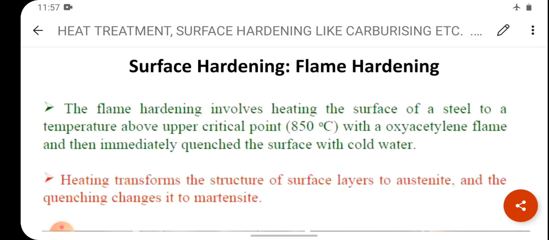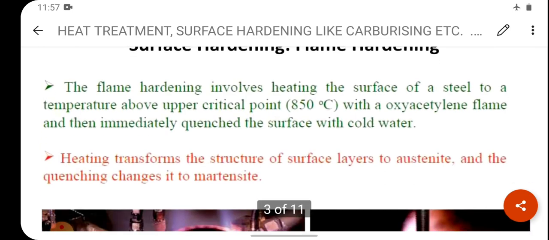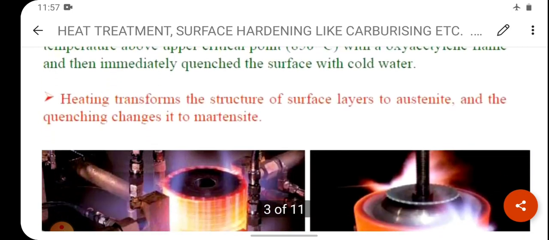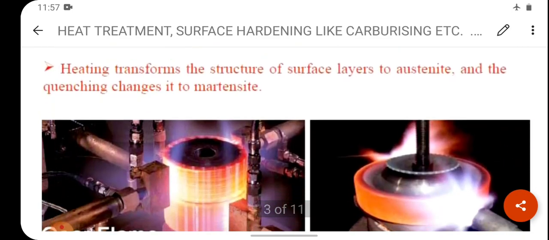So heating transforms the structure of the surface layers to austenite, and the quenching changes it to martensite. हीटिंग से क्या होगा, ये ऑस्टेनाइट में कन्वर्ट होगा, और क्वेंचिंग से क्या होगा, ये मार्टेनसाइट में होगा. मार्टेनसाइट क्या है? हार्डेस्ट फॉर्म ऑफ structure.